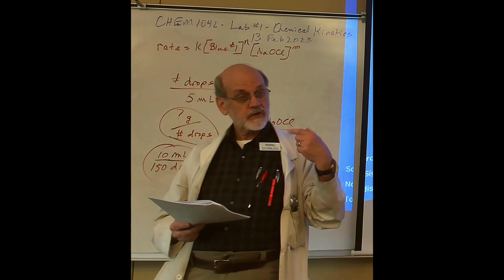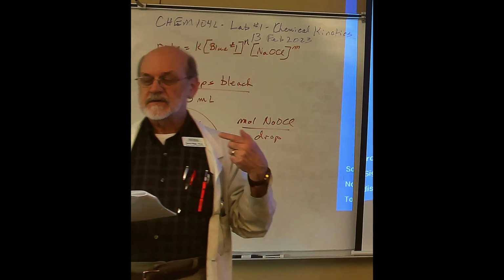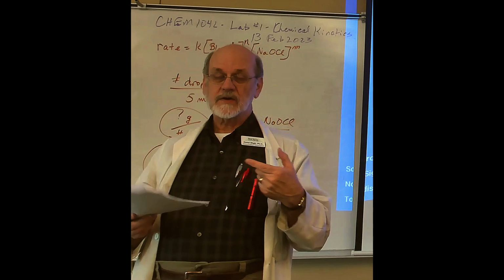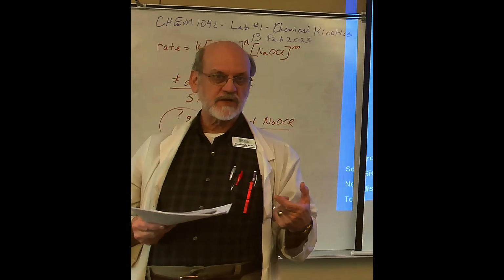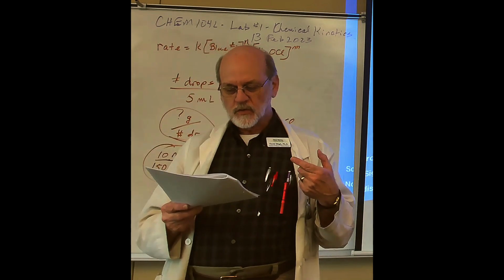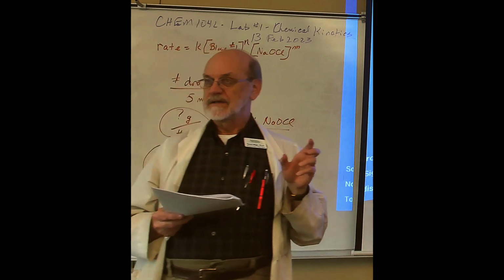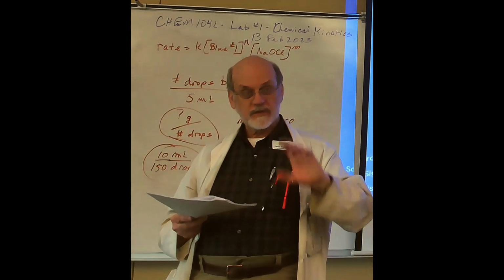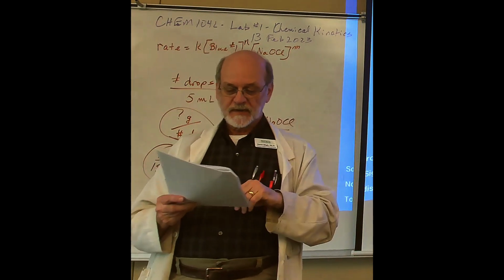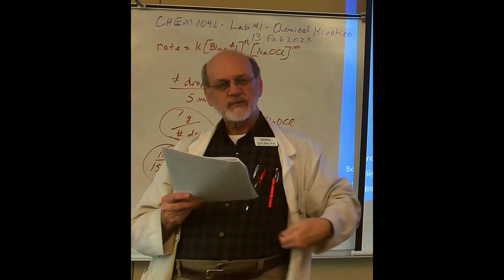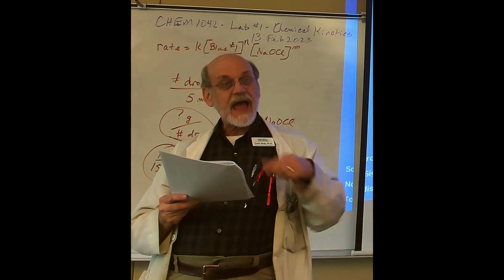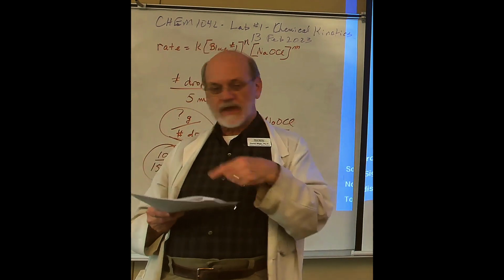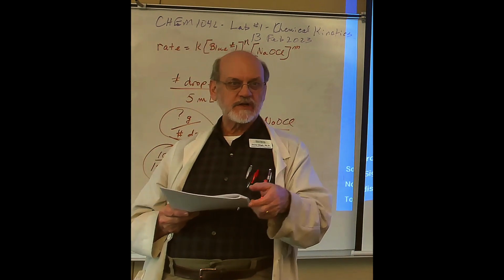So the first thing you're going to do, when you do the calculations with the blue dye information, is determine the K prime for one experiment, and then for the half experiment, there'll be two different numbers. And then you'll be able to calculate the actual bleach concentration from that first sheet that looks like a spreadsheet.